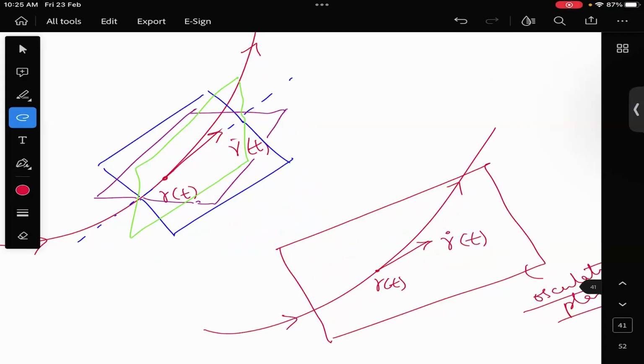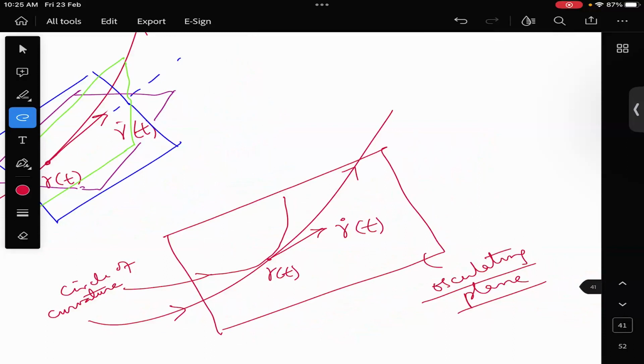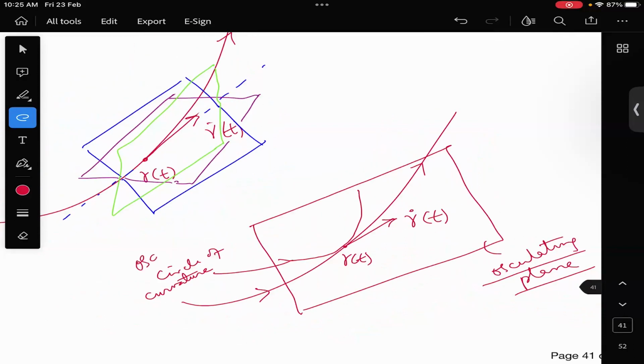And on this plane there is a circle which is the circle of curvature. So on this osculating plane, you have the circle of curvature, okay. And of course this is also called the osculating circle.